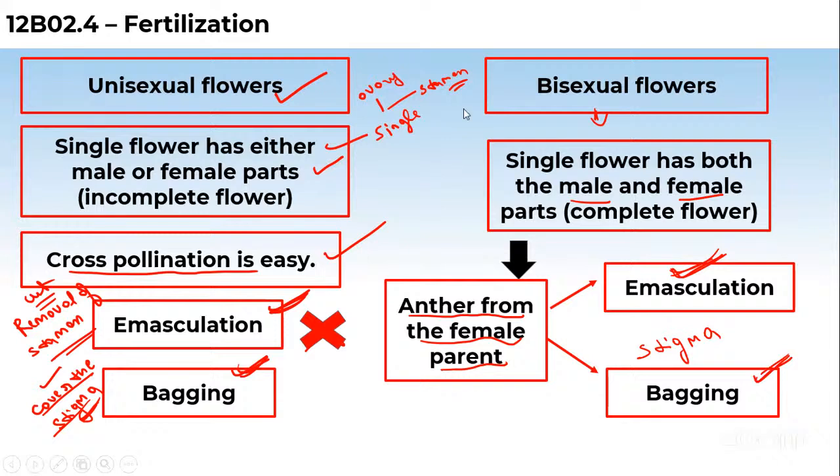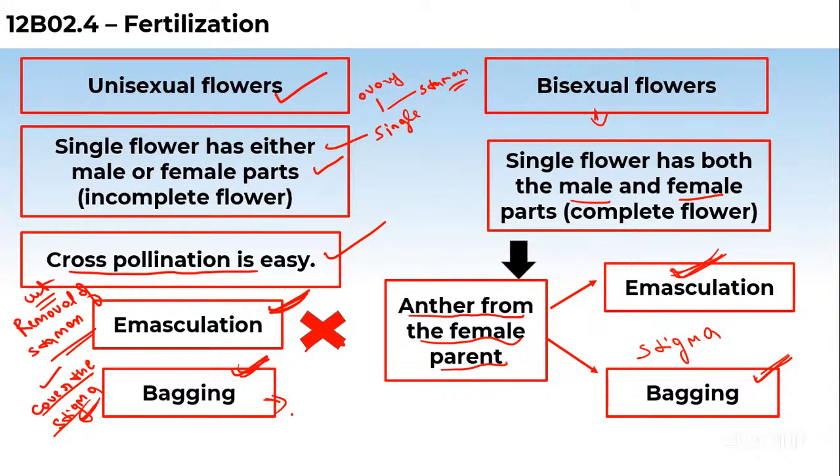I will make you understand clearly. Just you understood this concept now. Very good, Ranganayaki. Why are we going to do the bagging? To prevent self-pollination or prevent contamination. Why we have to do the bagging, guys? For example, in the unisexual flower, we are not doing the emasculation, we are doing the bagging.